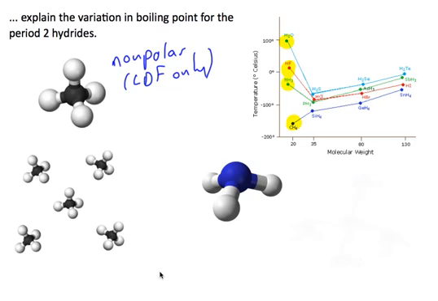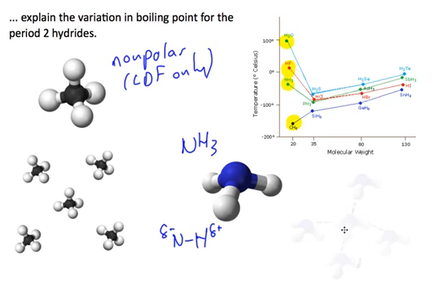Now we do know that ammonia is polar. The ammonia molecule is made up of nitrogen-hydrogen bonds. So an NH bond is a polar bond, and that's actually hydrogen bonding. And so they're going to establish relatively, compared to dispersion forces, relatively strong bonds.